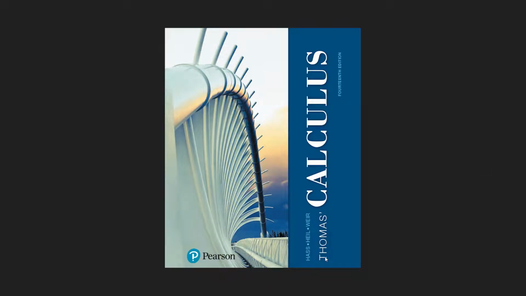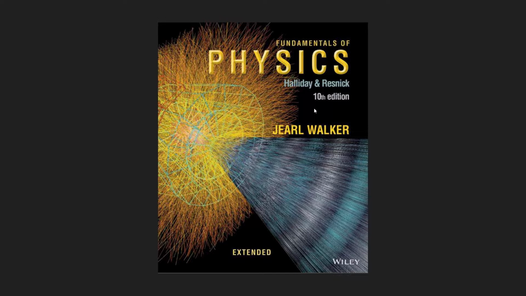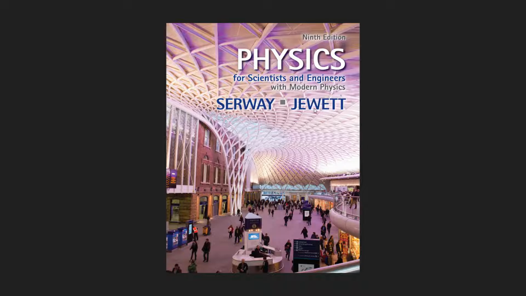I have read Thomas's Calculus 14th edition about center of mass, but I could not understand. I also read the 10th edition of Thomas's Calculus. I still failed to understand center of mass correctly. Then I read Fundamentals of Physics by Halliday and Resnick about center of mass. I failed again to understand it correctly. I read Physics for Scientists and Engineers with Modern Physics about center of mass.